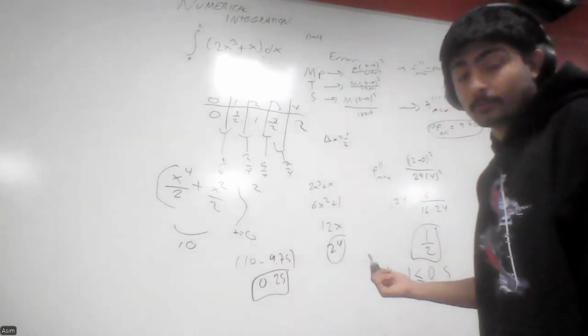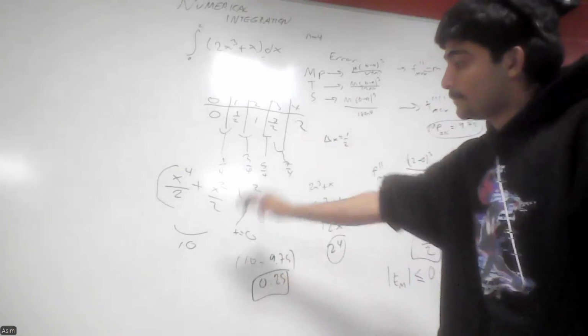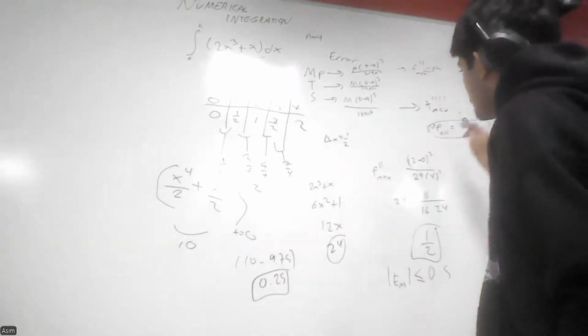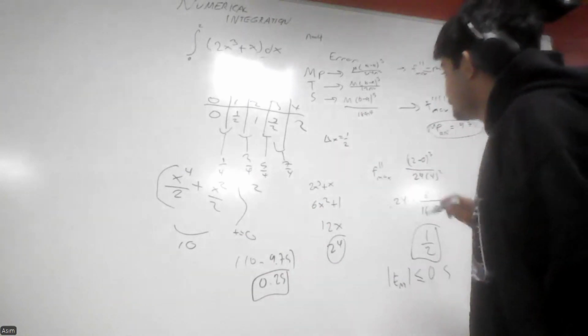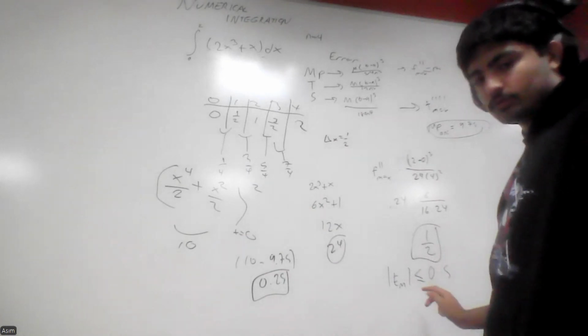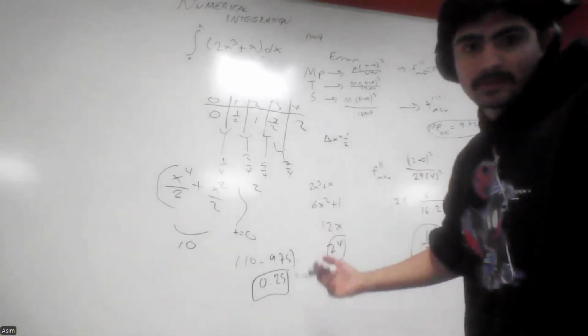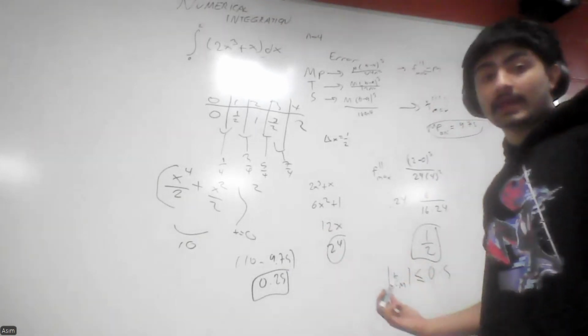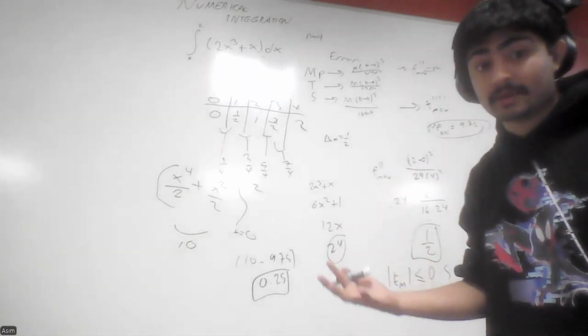If you want the percentage, you divide this by the actual value, which is 10, times 100. And since the error bound we got was less than or equal to 0.5, it is logical for the error to be 0.25, because this is less than the upper bound estimation of the error.